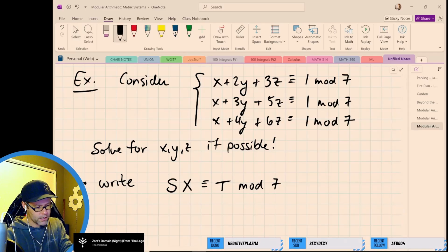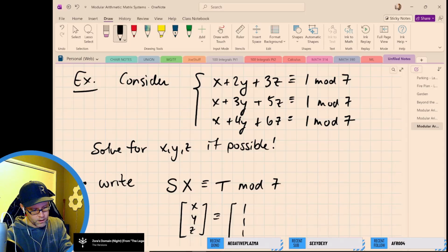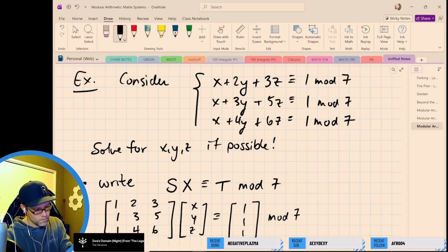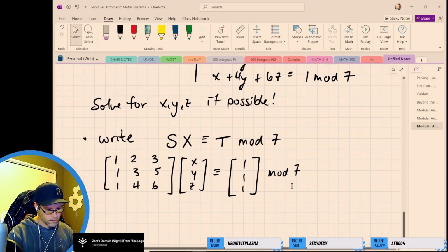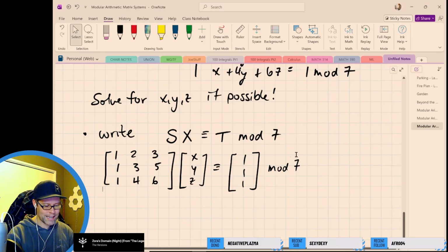This capital X is going to take care of my variables x, y, and z. This capital T is going to take care of my constant terms. And this capital S is going to be the coefficient matrix. So 1, 2, 3, 1, 3, 5, 1, 4, 6. Okay, so these are our candidates for S, X, and T.